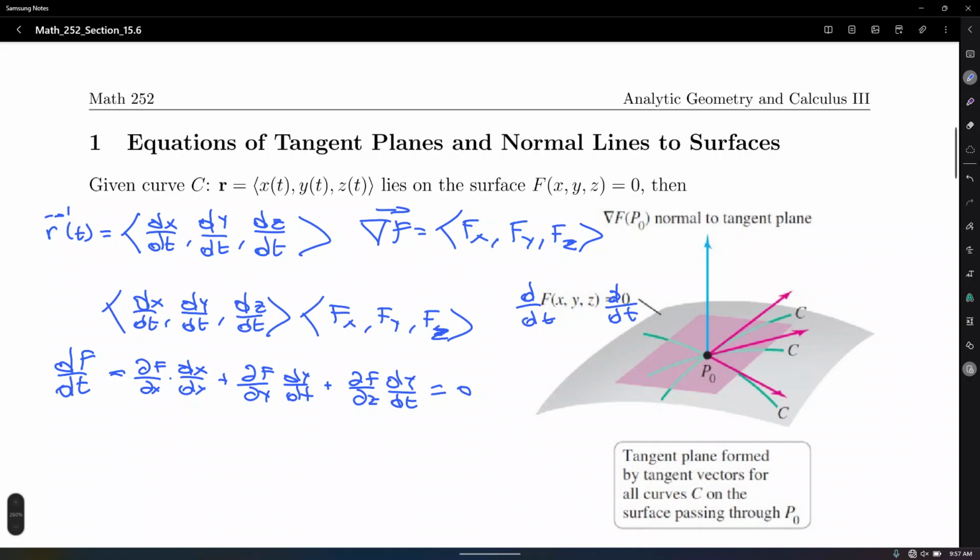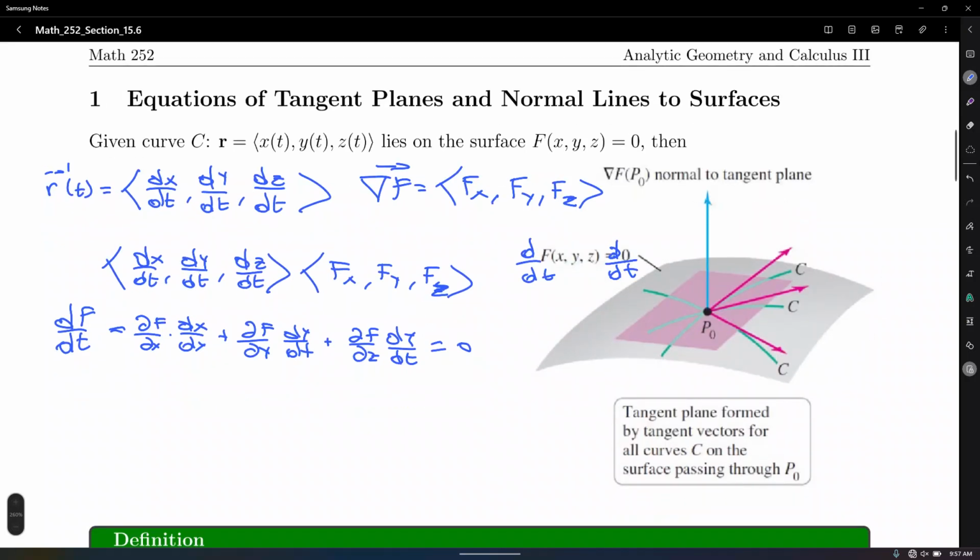Isn't that still 0? So that's why I can still set this equal to 0. All right? And this looks a lot like the dot product between nabla of f dotted with the derivative of the vector valued function that describes the level curves, and that equals 0. That's because they're orthogonal. We can see that from the picture.